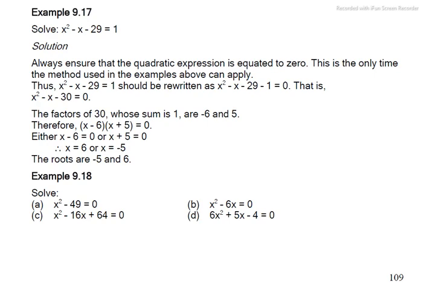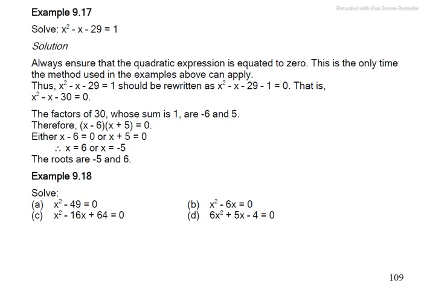So when you have such an equation, you carry the 1 to the other side so that we have 0, because a quadratic equation can be easily solved if it is equal to 0.